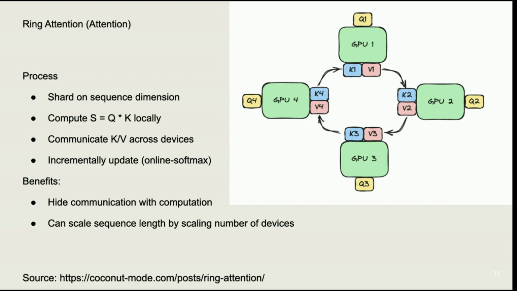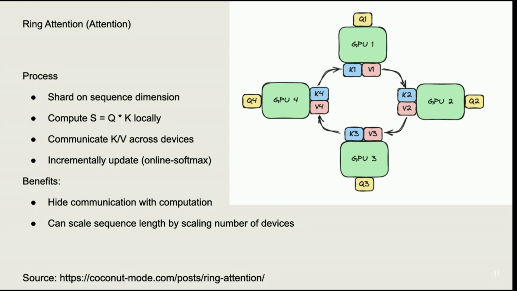So all the queries, keys, and values will also be sharded into 4 different GPUs. This way, we effectively reduce the memory requirement of storing the queries, keys, and values by the number of sequence parallel shards.